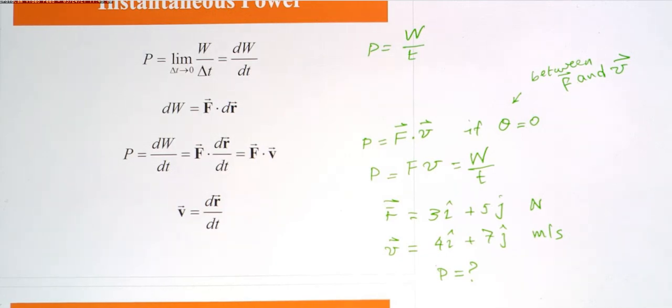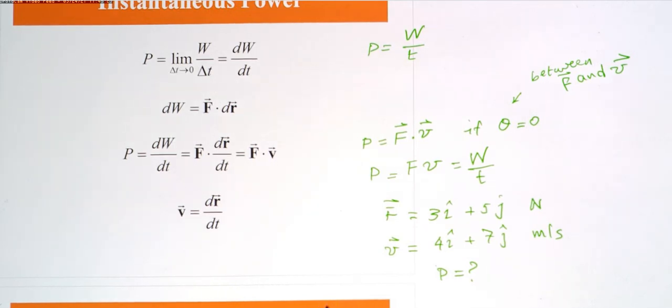You need to do the dot product. So it's 12 plus 35, that's 47. That's correct. 47 watt. Yes, we did that, like if you review the videos. Joule per second, that's correct.